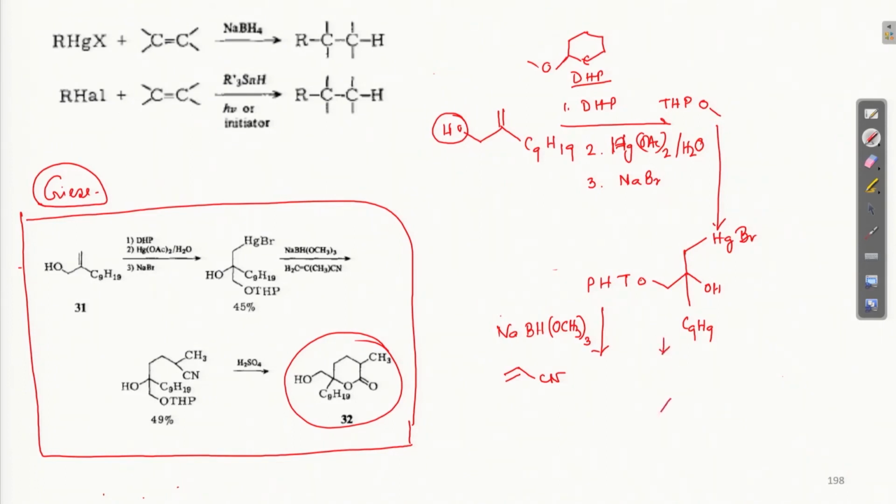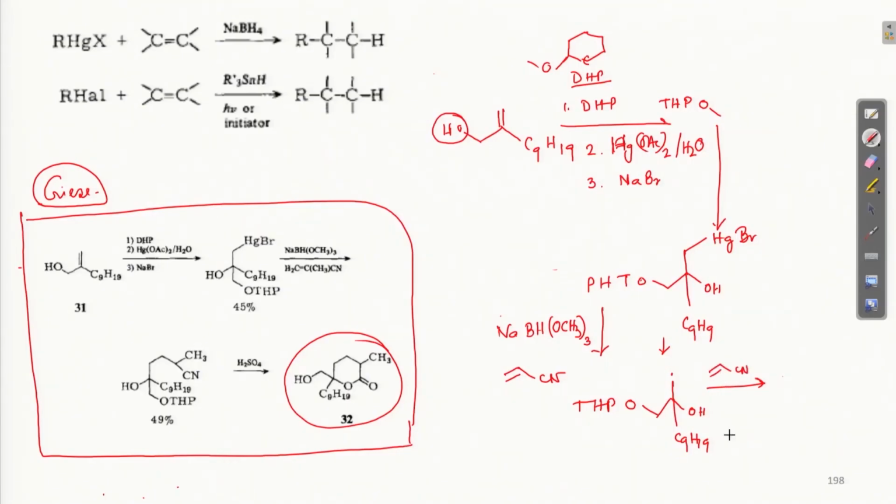So, you generate a radical with OTHP, and this will have C9H19 and this will have the OH, and then this radical is obviously a nucleophilic radical and that will add to an electron deficient alkene.